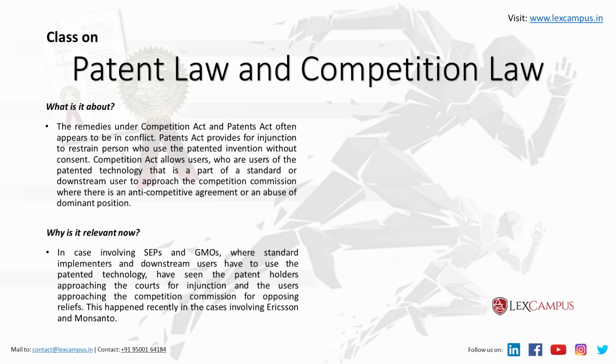So if you can think about a technology or a field of technology where patent holders necessarily will have to allow others to use it and then negotiate a license, or by design will have to negotiate a license and then allow others to use it, you can see an interface or an interaction between patent law and competition law. So patent law and competition law normally interact in situations where people are forced or compelled or have no other option but to use a particular technology.